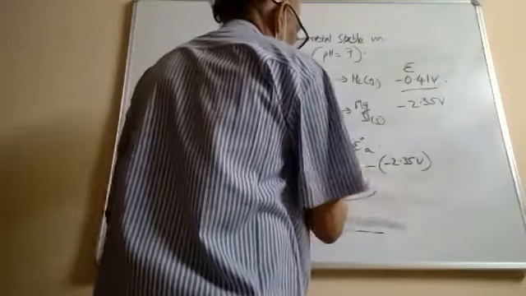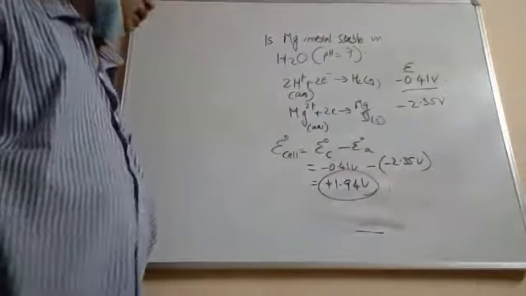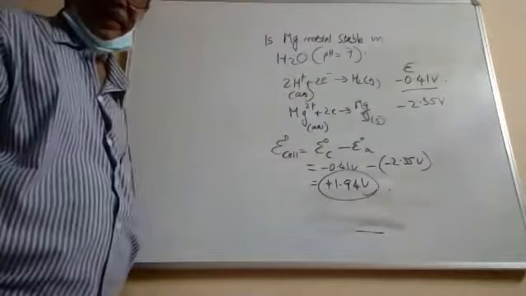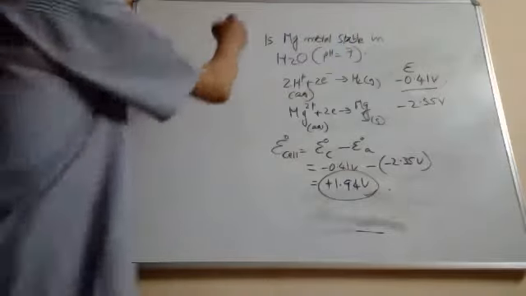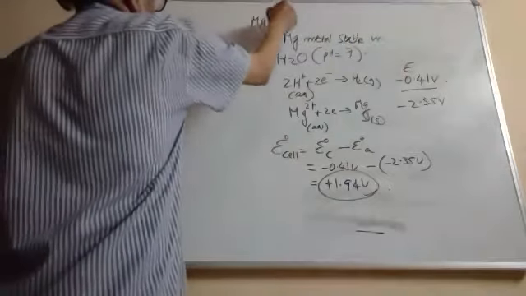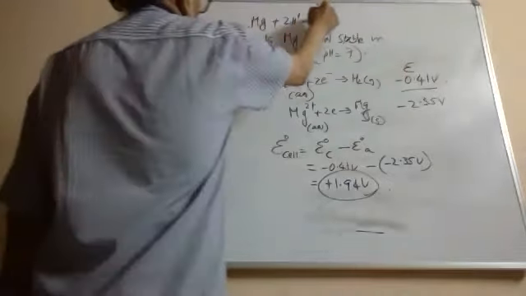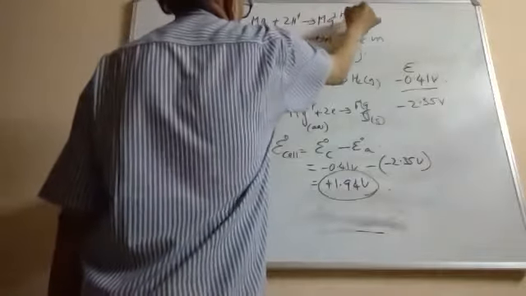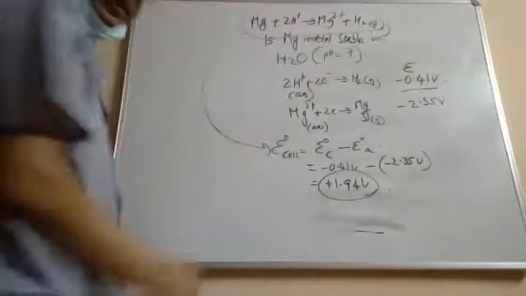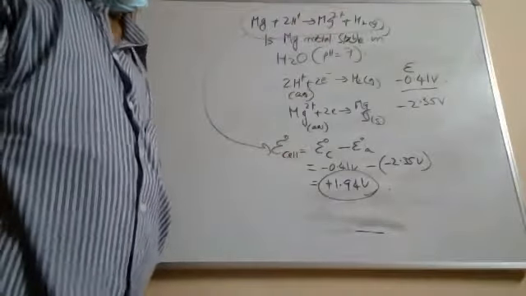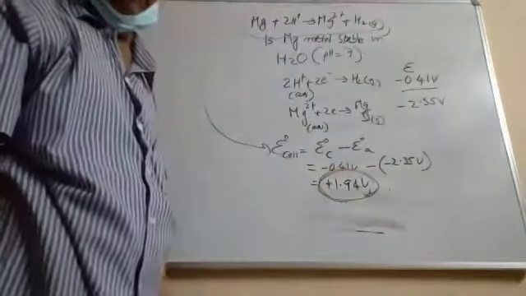Thank you very much. What does that tell you about the spontaneity? So if I were to write a reaction, magnesium plus 2H plus, giving magnesium 2 plus and H2 gas, that's what we're doing here. So the potential for this reaction is just what we calculated, 1.94 volts.